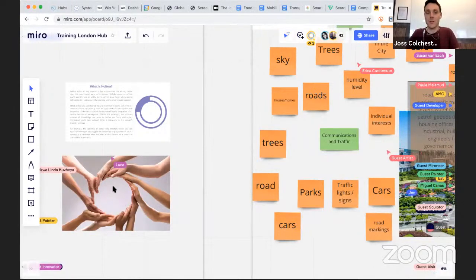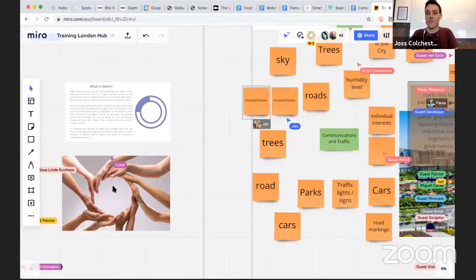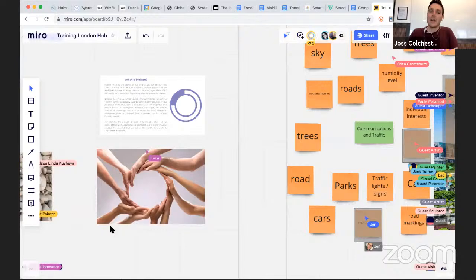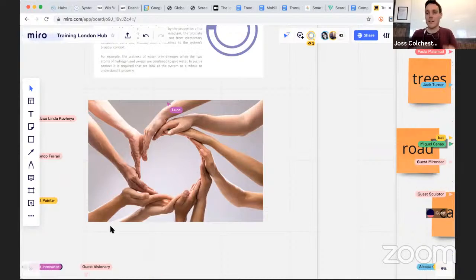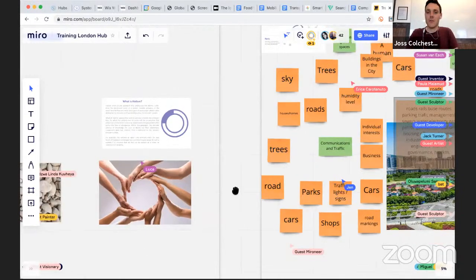The system is actually something very intangible. It's just a pattern, just an organization. But the point is that it still affects us hugely. We can't look at that image without seeing a circle there, right? It affects our perception. So just because it's intangible doesn't mean that it doesn't have a huge influence.